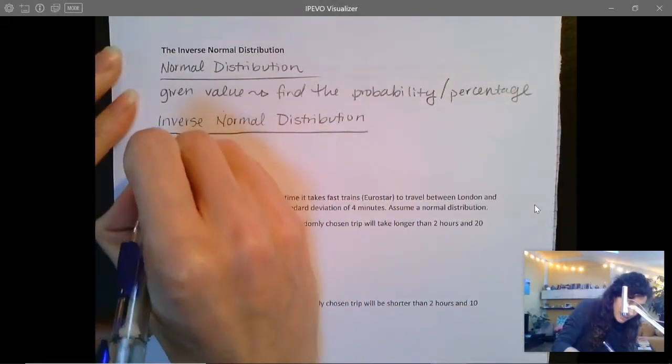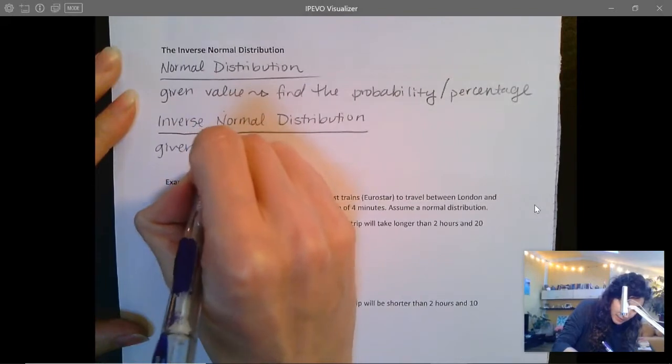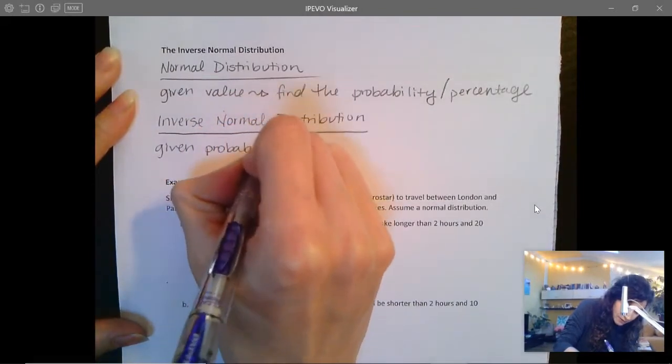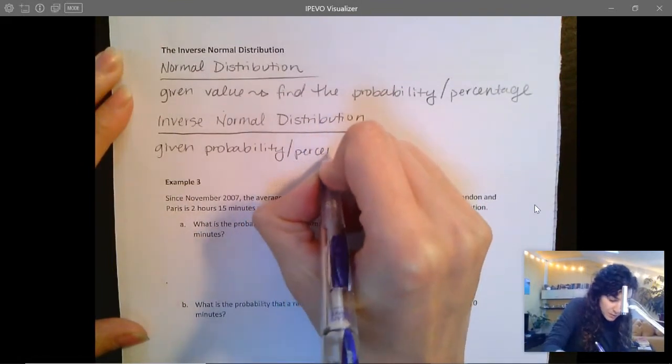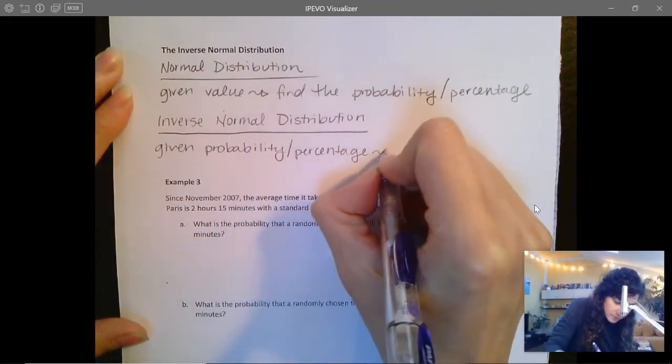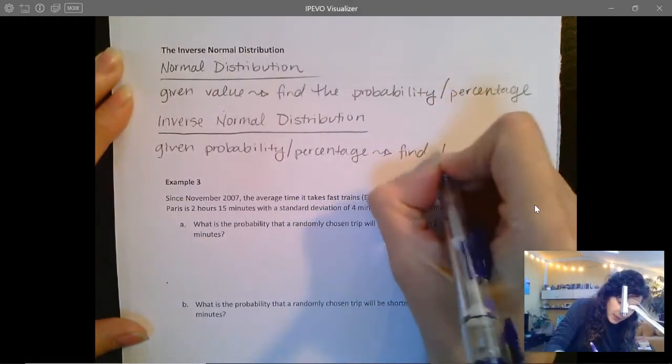We're going to be given probability, more often given percentage. Find the value.